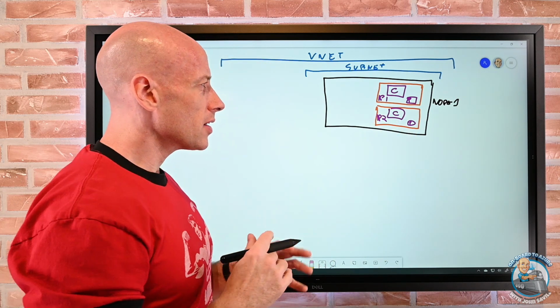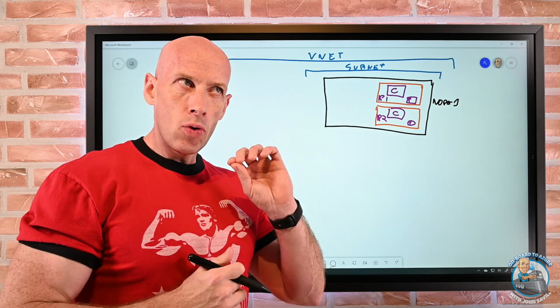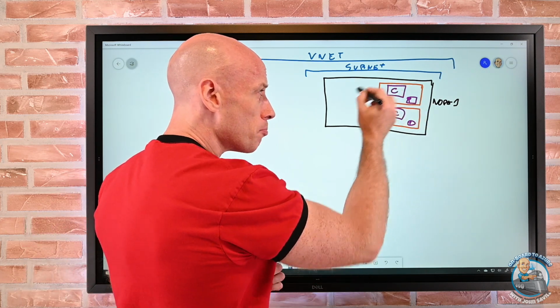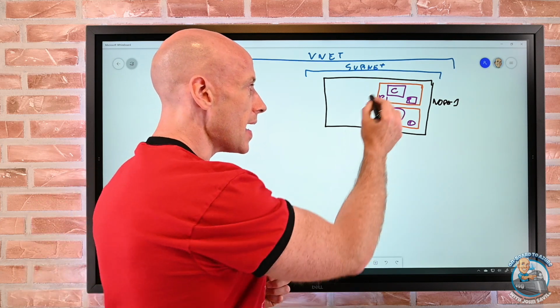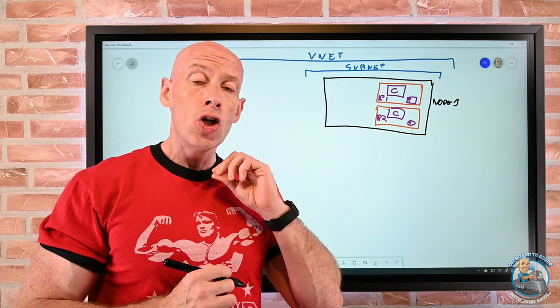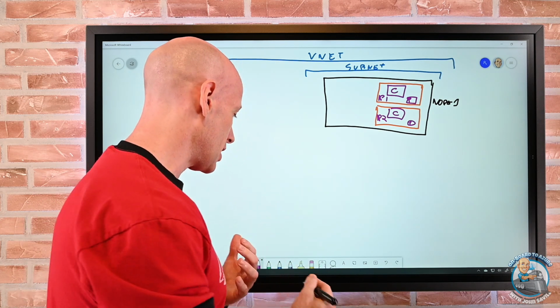So pods have an IP address. And what's special about Kubernetes is the rule that any pod has a unique IP within the cluster, and any pod can talk to any other pod in that cluster using the pod IP address without having to do any kind of network address translation.